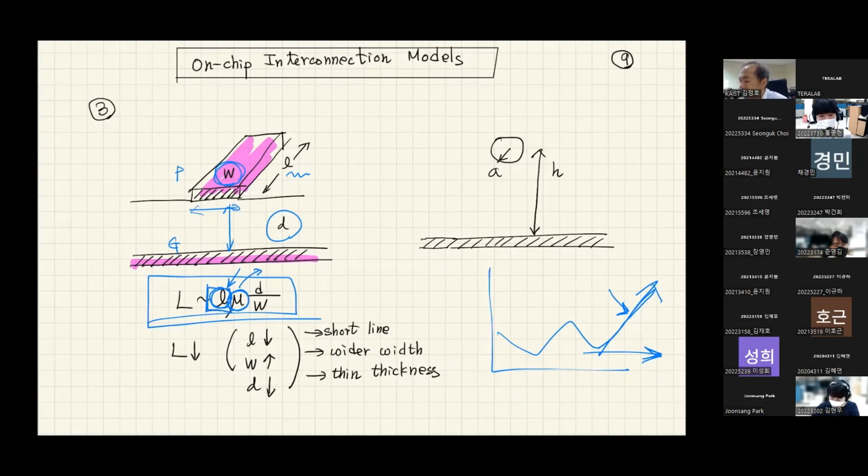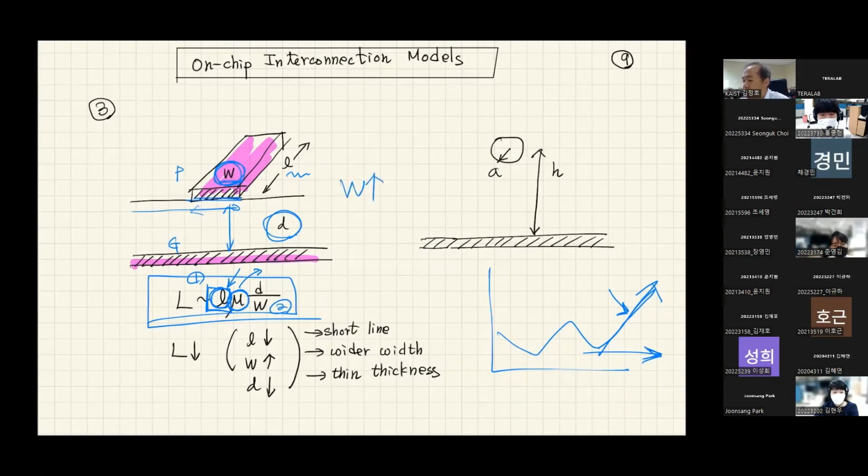The second physical parameter that really controls the inductance is the width of your metal. In a signal line, you design W and D to make 50 ohm. But in the power and ground case, to minimize the inductance, you have to maximize the width.